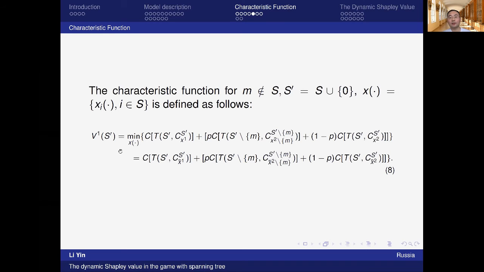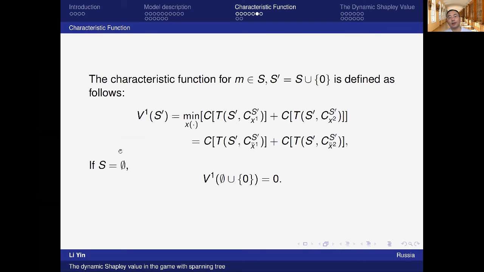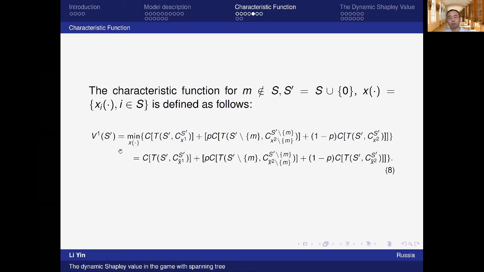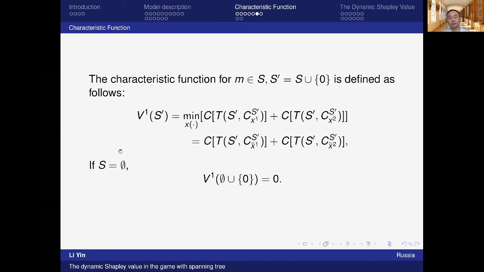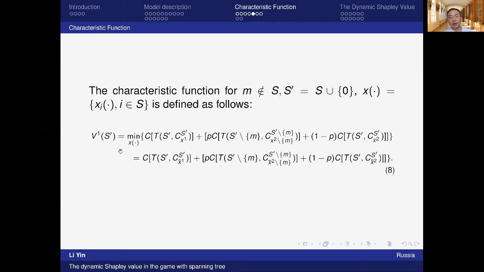When M is in the coalition, the characteristic function for coalition S is defined similar to the grand coalition. Okay, I made a small mistake.